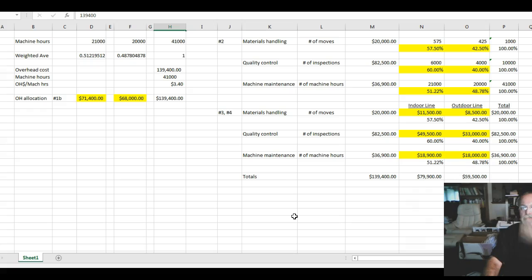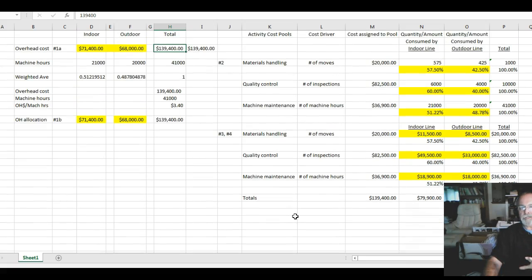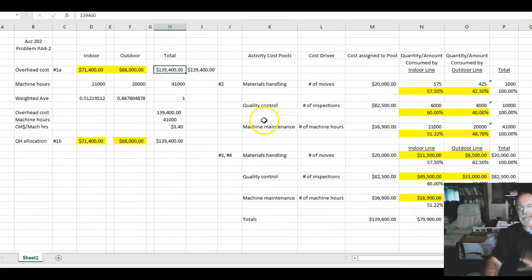So we're saying that this overhead cost is actually made up of 3 different main activities: material handling, quality control, and machine maintenance. And so we're going to use a different cost driver for each of those 3 types of costs. And we even have the breakdown of this 139.4 with ABC.